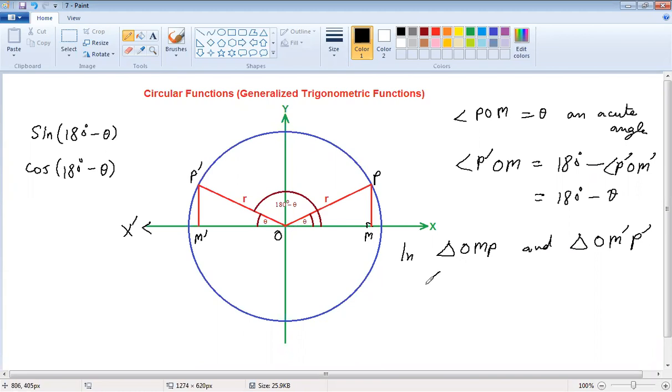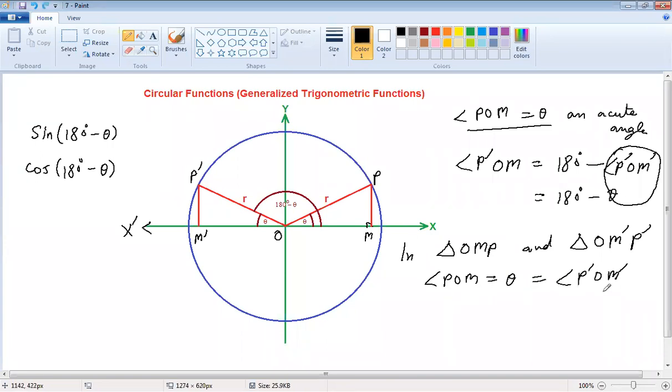Angle POM, which we have taken equal to theta, and in the second triangle OM dash P dash, angle P dash OM dash we have also taken equal to theta by construction.